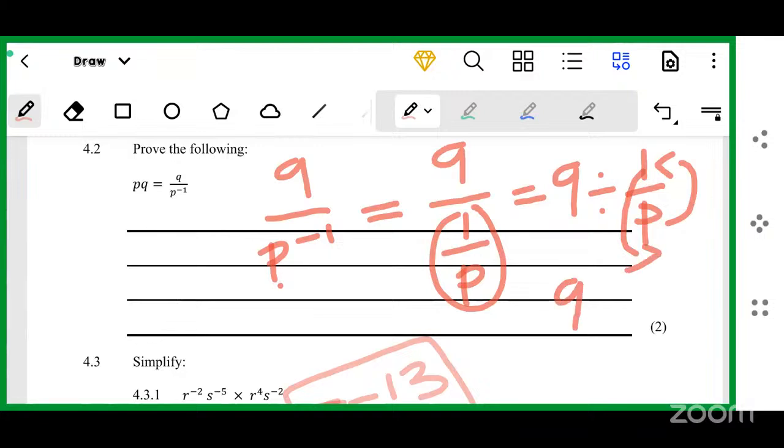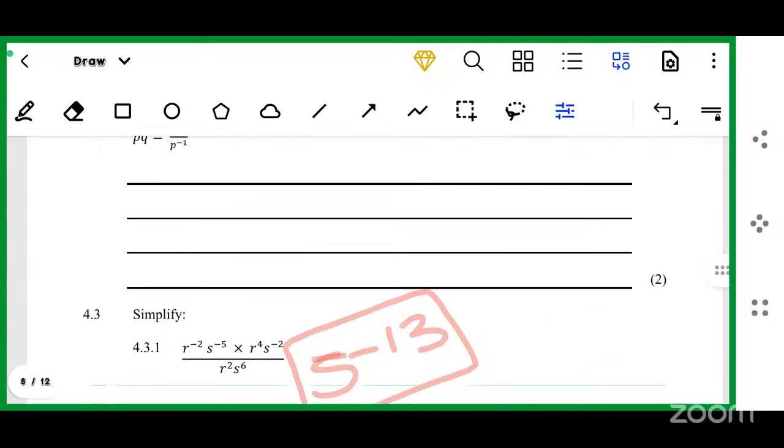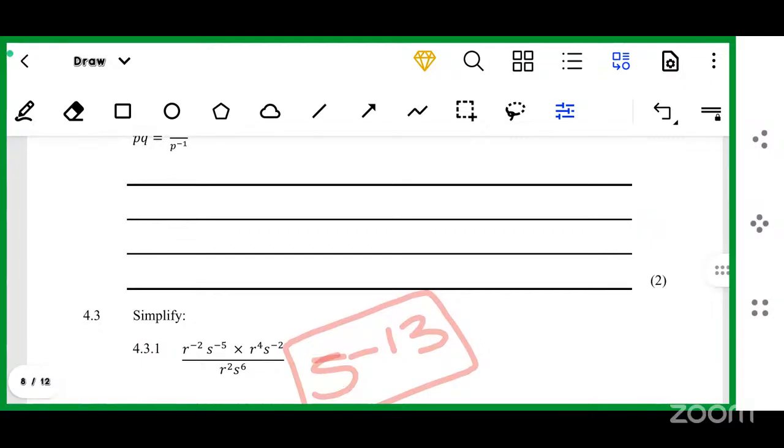So you write Q multiplied by P over 1, which gives PQ. As simple as that. That makes sense, much more than the other one.